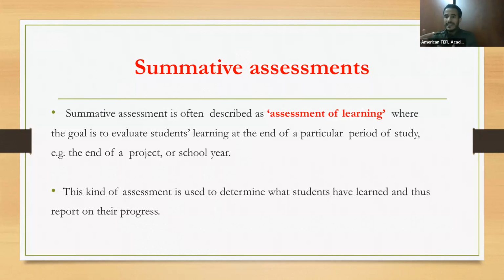So the second meaning or synonym of summative assessment is assessment of learning. The time is at the end of the project, at the end of the school year, at the end of the semester, at the end of the course.